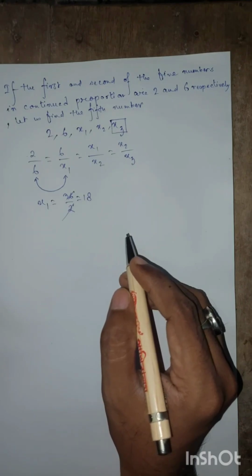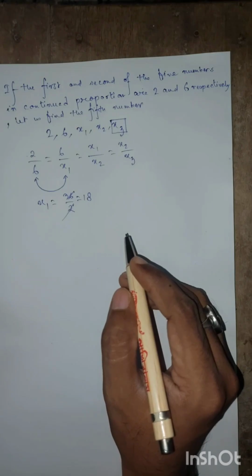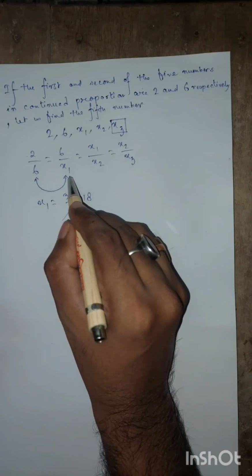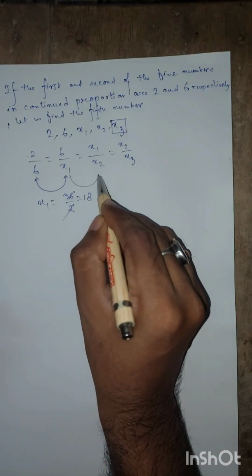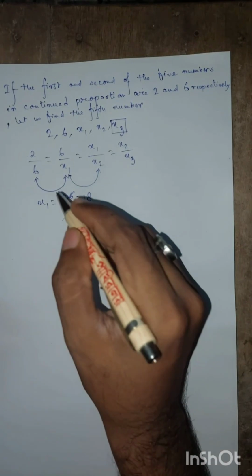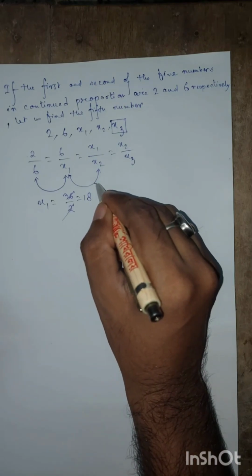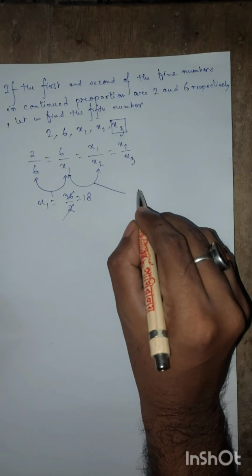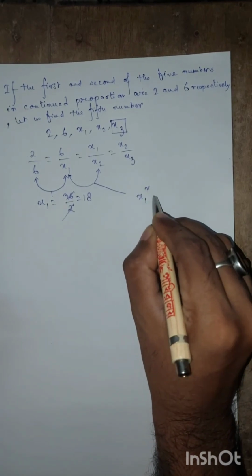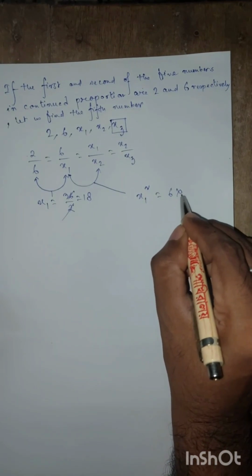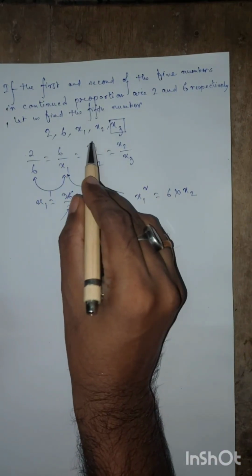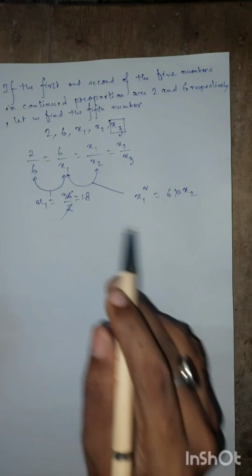Now let us relate these two quantities. Now we can say x1 square is equal to 6 into x2. From this relation, we have only taken this part.